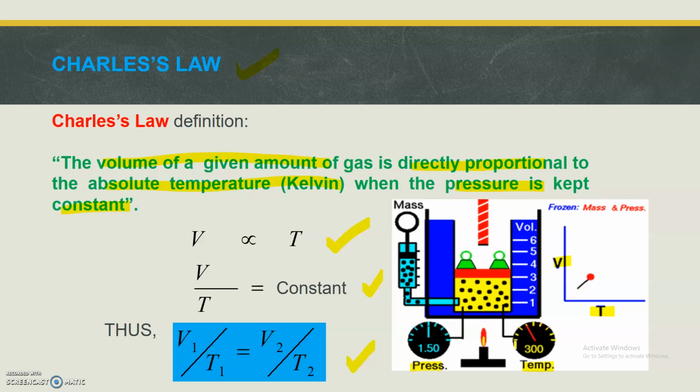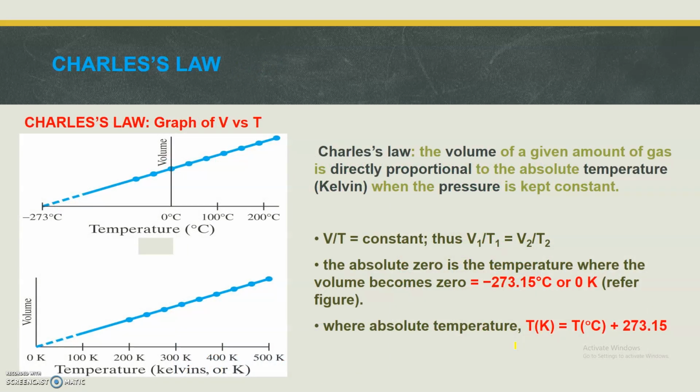The absolute zero is the temperature where the volume becomes zero, equals minus 273.15 degrees Celsius or 0 K, where absolute temperature, T in K, equals T in degrees C, plus 273.15. The equation shows that, as absolute temperature increases, the volume of the gas also increases in proportion.